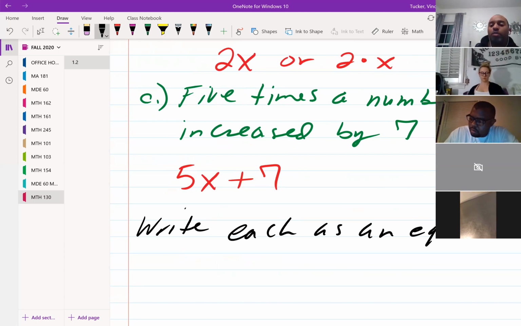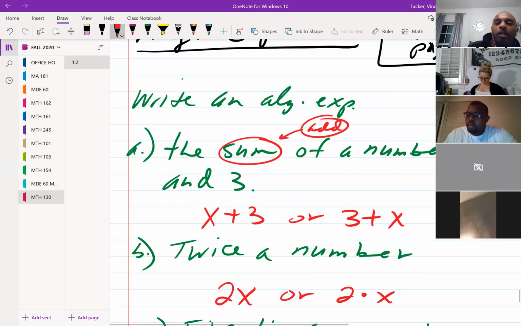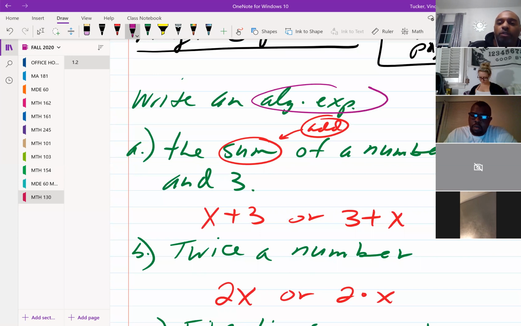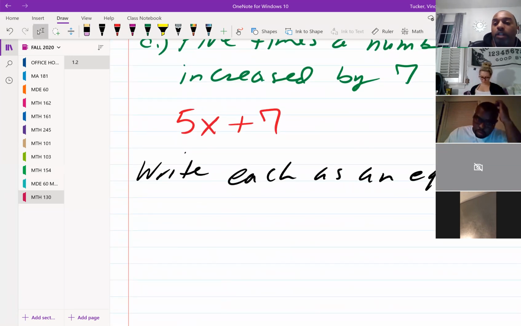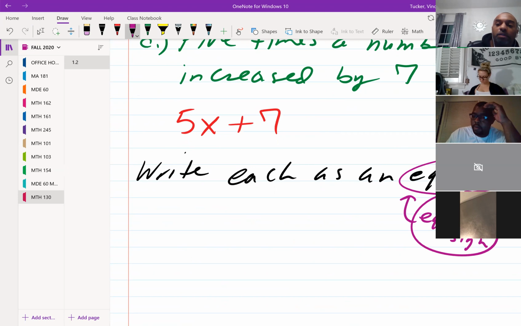All right, this is the last one, but I wanted to make sure we saw the difference in this versus the last problem that we did. Here it says write an algebraic expression. Here it says write each equation, and the key word here is equation. So if you're going to write an equation, you have to have an equal sign involved.